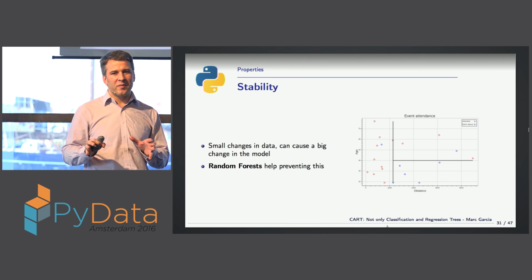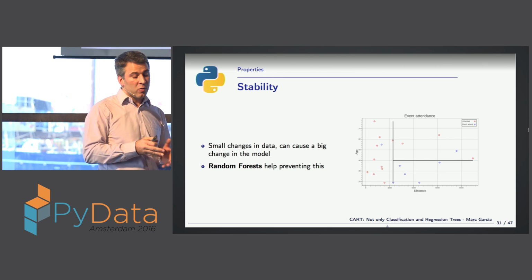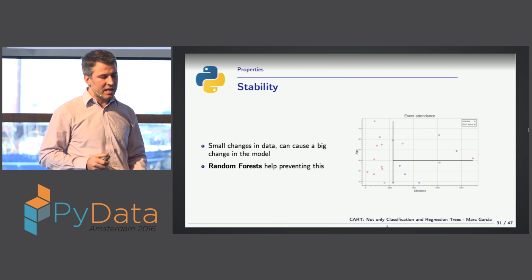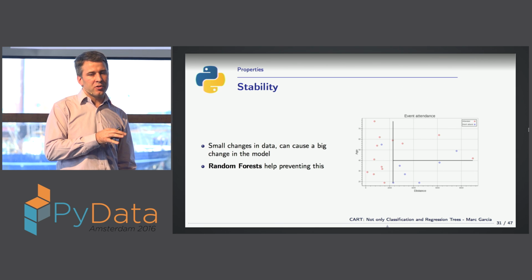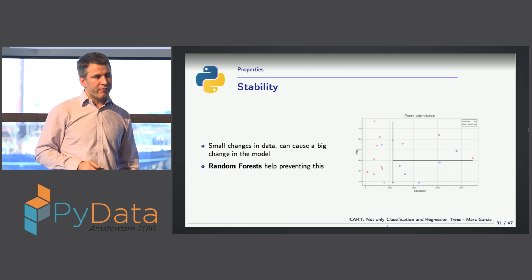So more or less, all the possible trees that we could get from one to the other in case of small changes in the samples are there in the random forest. So just changing a few data points shouldn't affect the model that much.